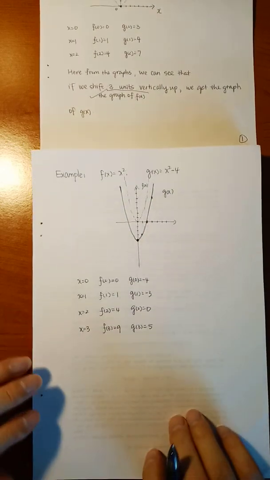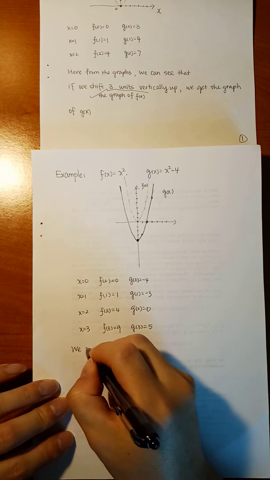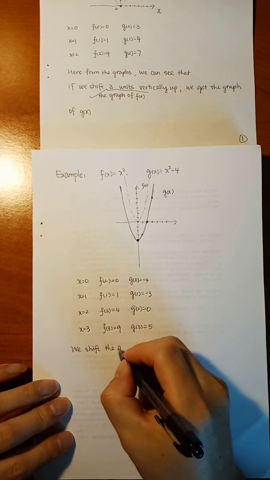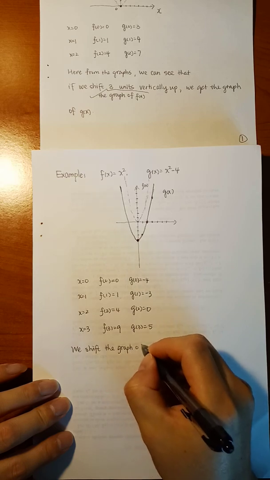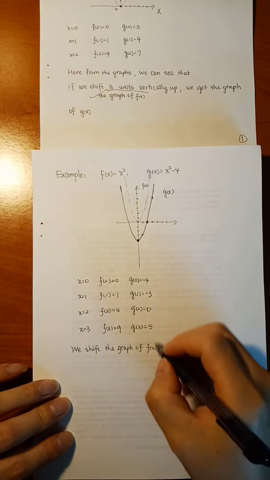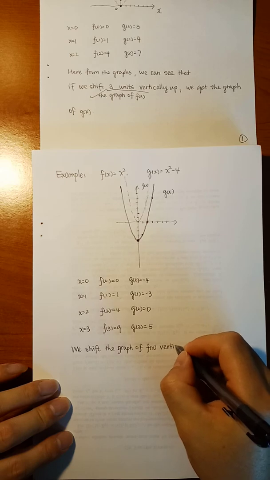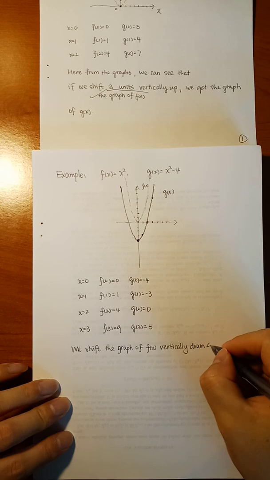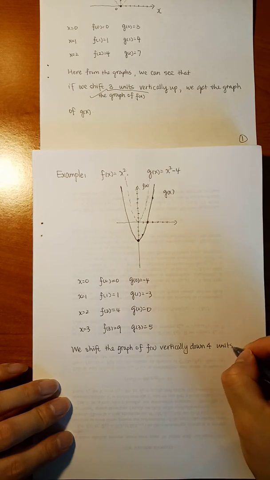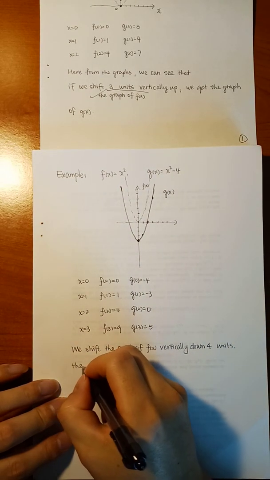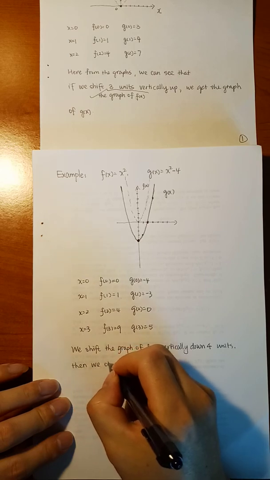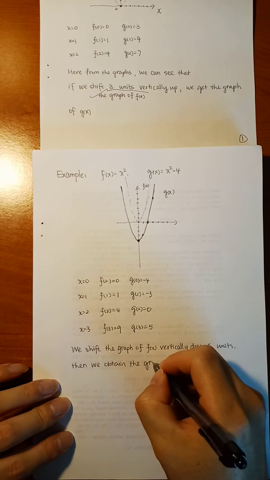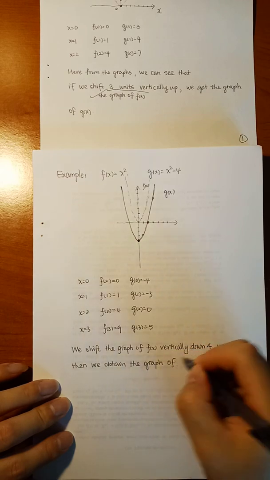And we can see that we shift the graph of f(x) vertically down 4 units. Then we obtain the graph of g(x).